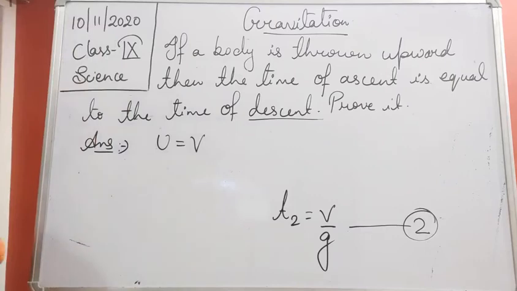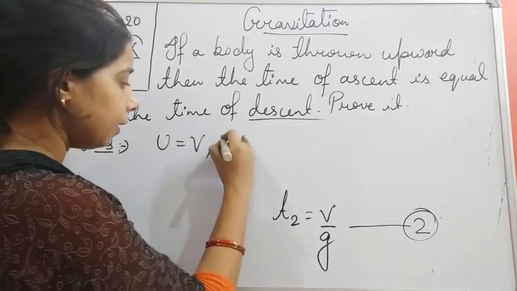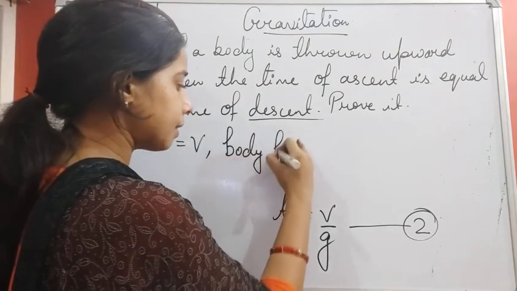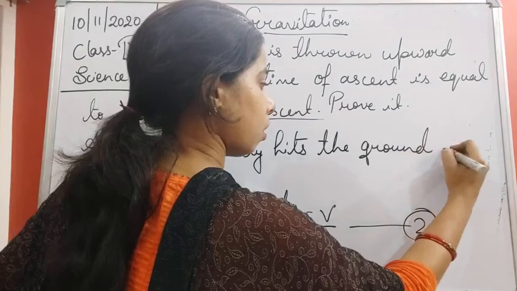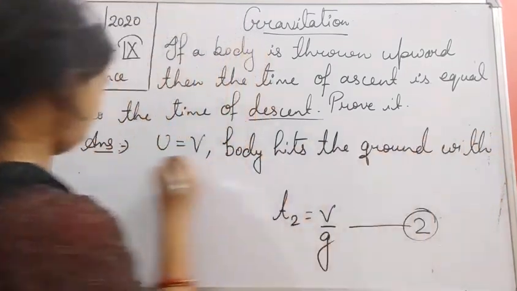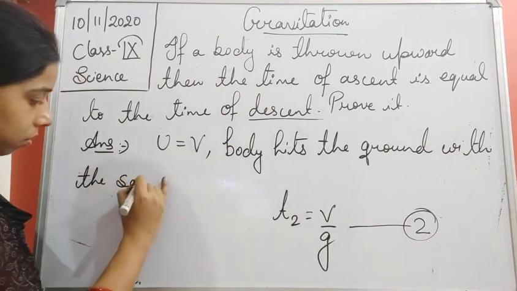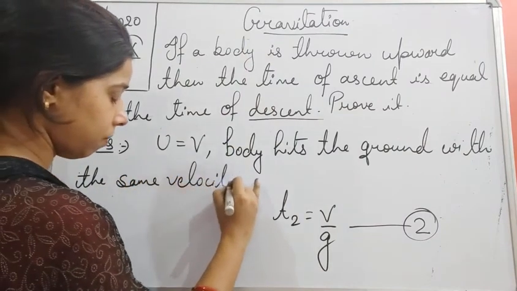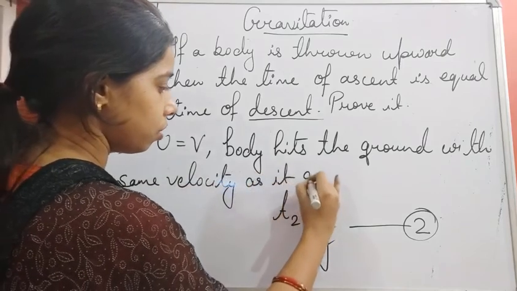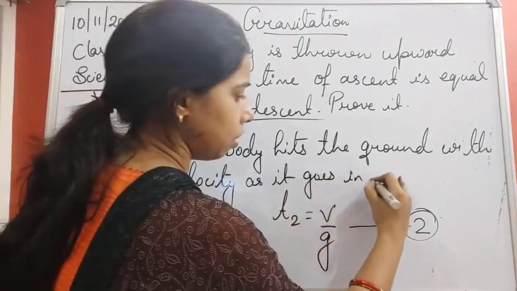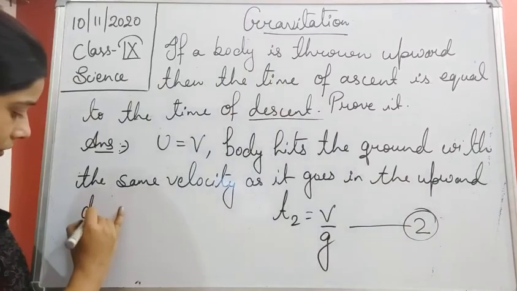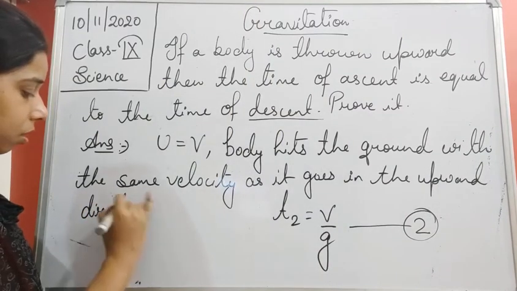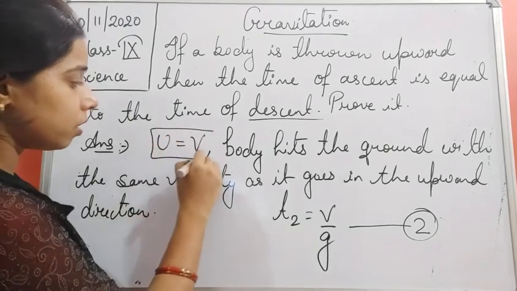So we can say that the body hits the ground with the same velocity as it goes in the upward direction. That is why u is equal to v.